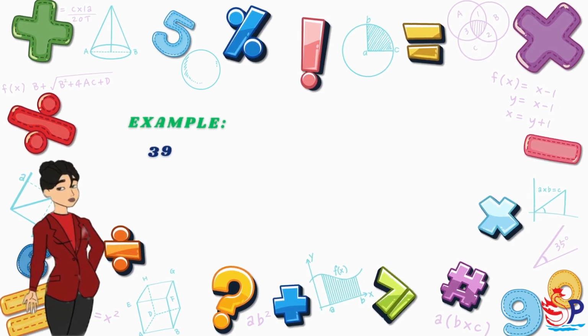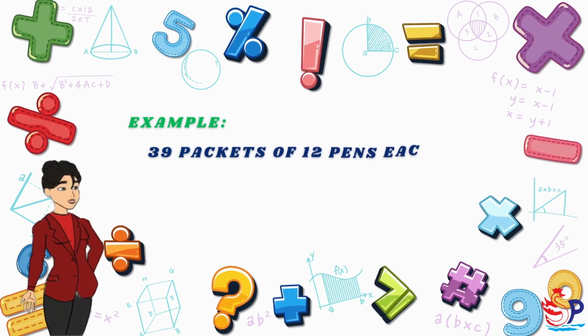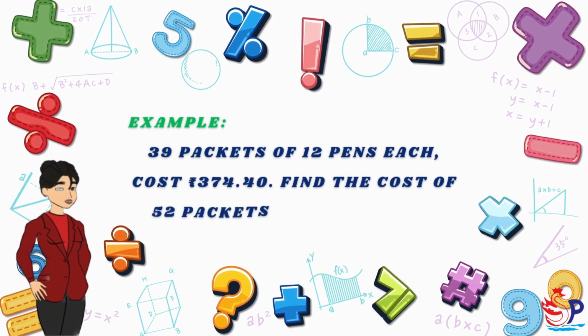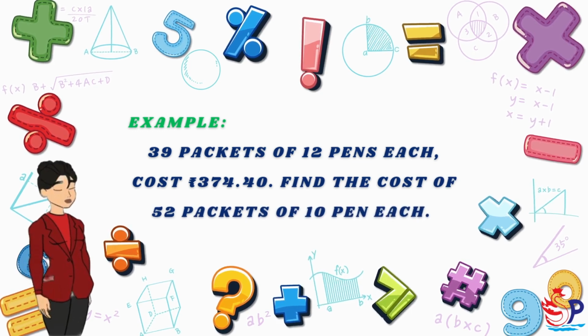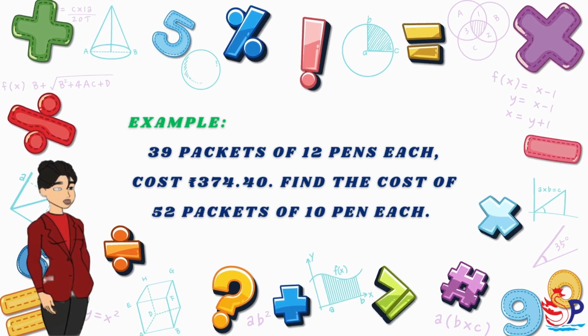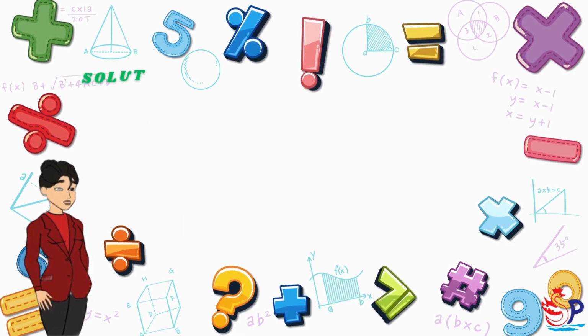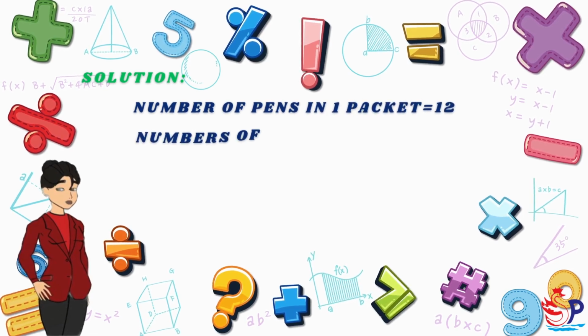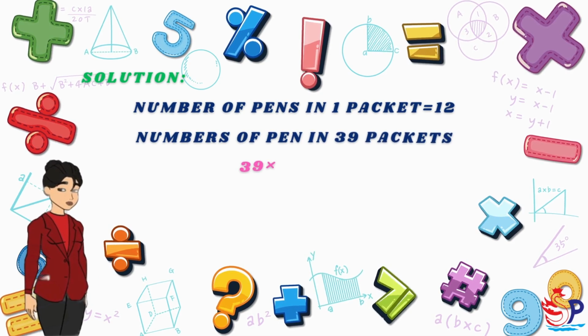Next example. 39 packets of 12 pens each cost 374 rupees and 40 paise. Find the cost of 52 packets of 10 pens each. Solution: number of pens in one packet is equal to 12.